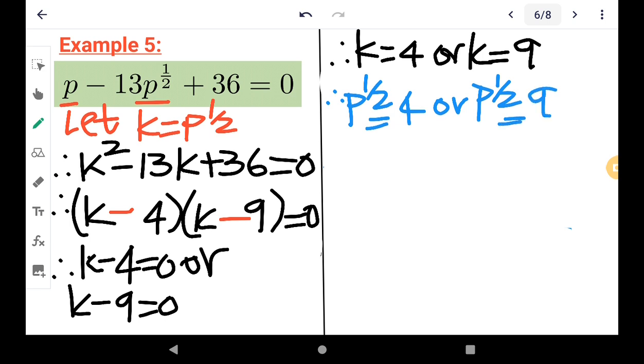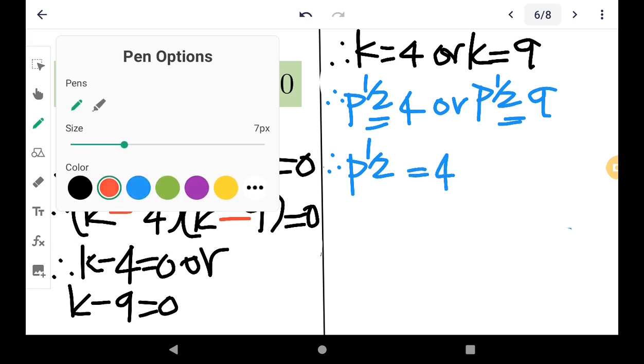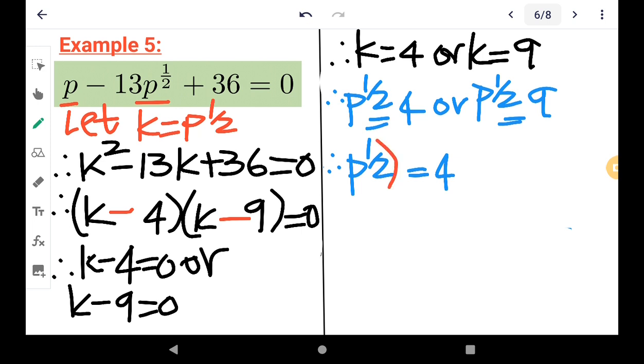Now, in order to solve this, what you do is you raise this p to the power of half all to the power of 2, but what you do to the left hand side, you must do to the right hand side. You square them.